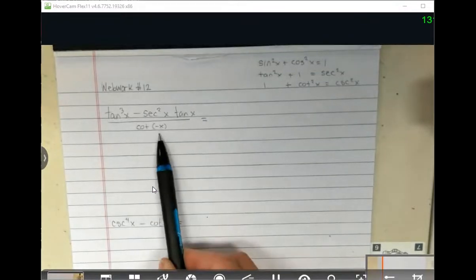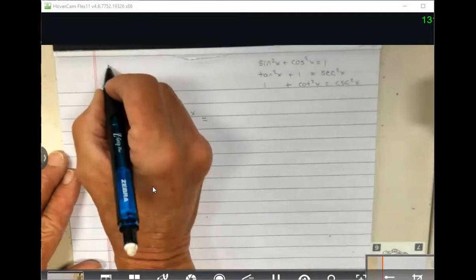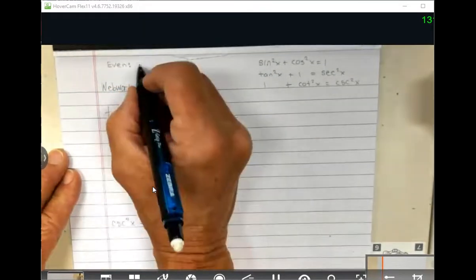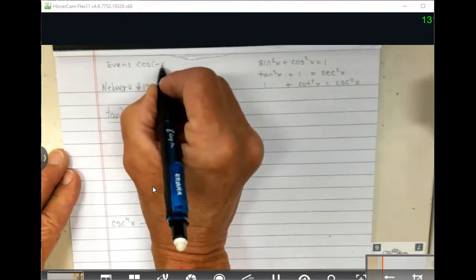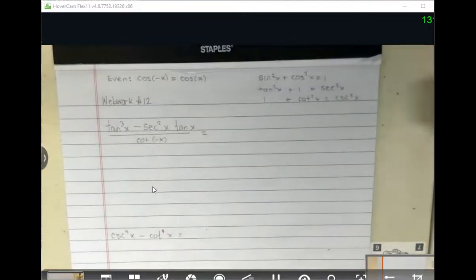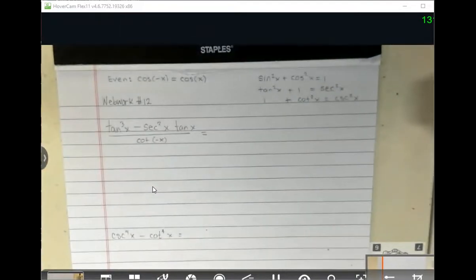So I think we're going to need to use that on the first problem. I also see a negative x inside here, so we need to use our even and odd properties. Let's see, there are 2 even functions, and that's the cosine and the secant, where the cosine of the opposite of x gives you the exact same thing as the cosine of the positive x. 1 over the cosine is the secant, so it does the same.